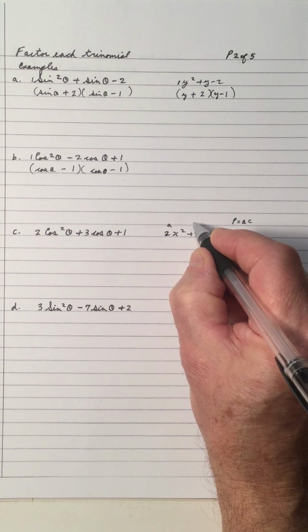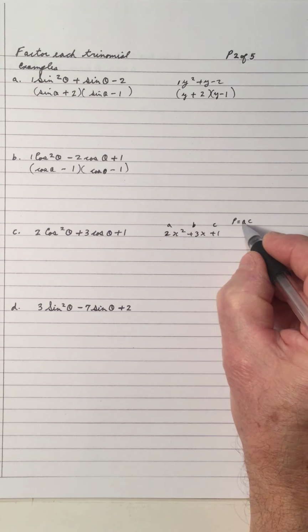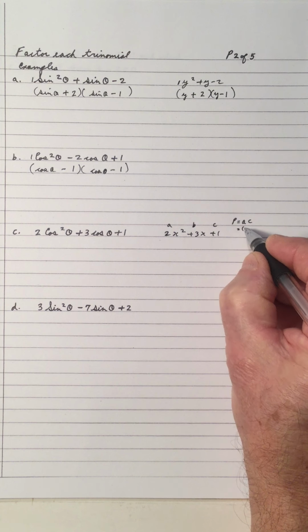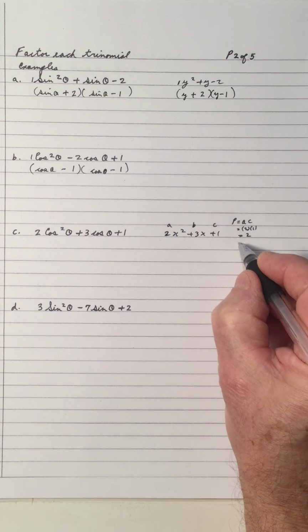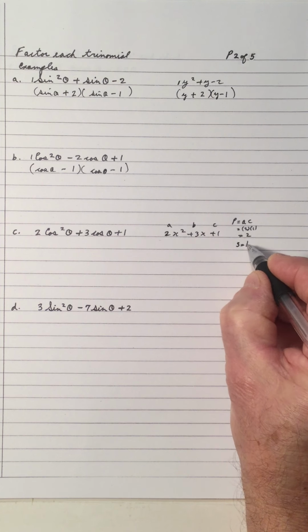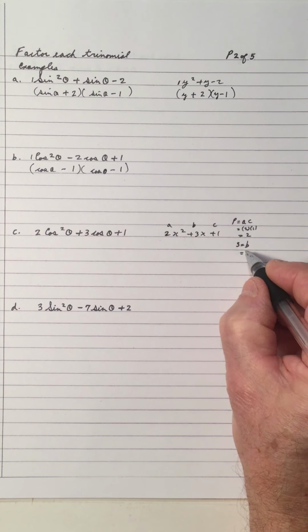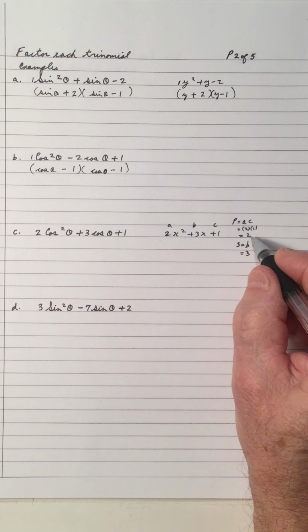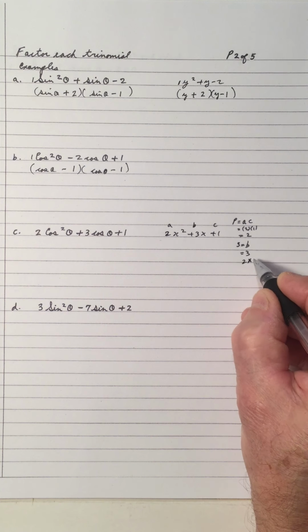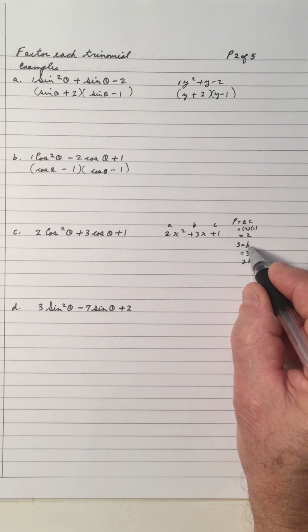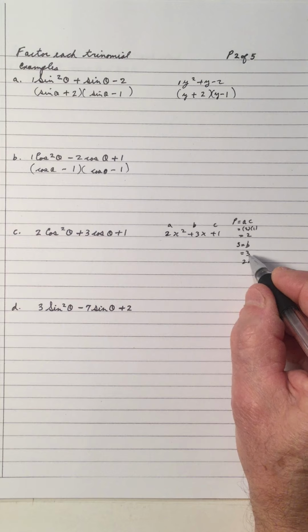So there's a, there's b, and there's c. The product is 2 times 1, which is 2. And the sum is your b, so the sum is 3. So what factors multiply to give you 2? That's only 2 times 1, which multiplies to give you 2 and adds to give you 3.